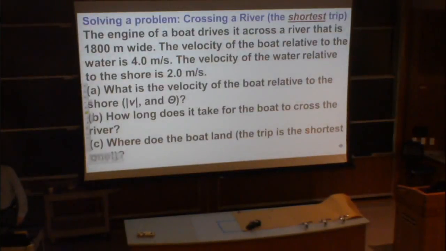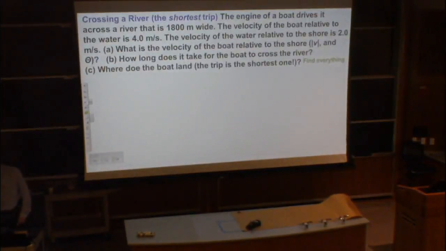Shorter trip. Well, for the shortest trip means shortest path, we know that we have to aim opposite. That's it. That's all we need to know, nothing else. This arrow represents the velocity of the boat relative to the river. This arrow represents the velocity of the river relative to the ground.